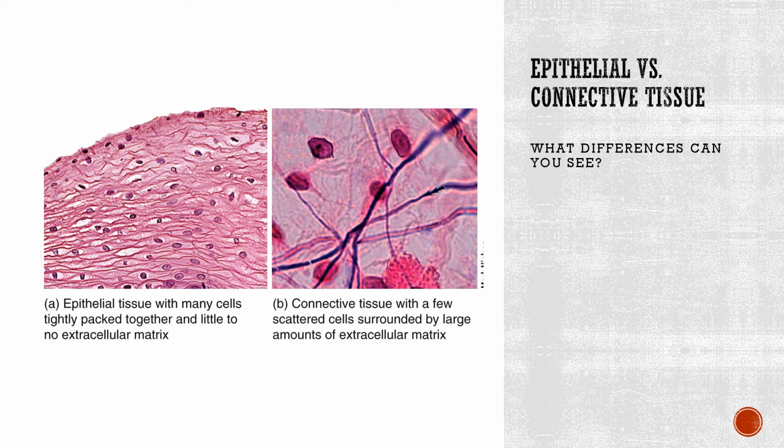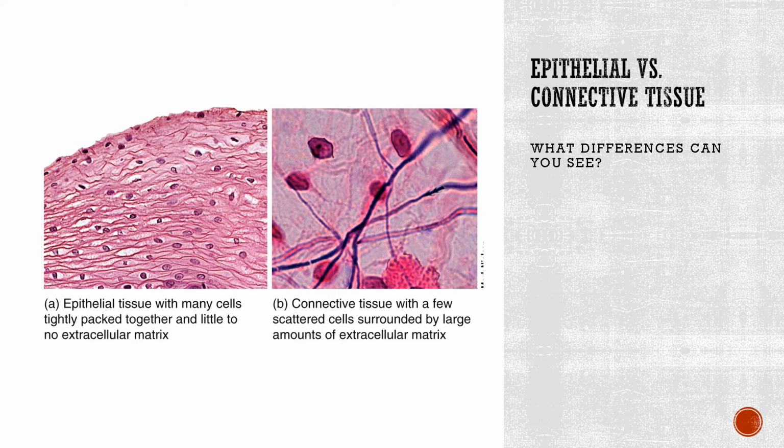So first off, we're going to be looking at the differences between epithelial versus connective tissue. So just look at these 2 here. The one on the left is epithelial tissue, and the one on the right is connective tissue. Now the first obvious difference that you can see here is the number of cells in relation to the extracellular matrix. So in the epithelial tissue on the left, there are many cells very tightly packed together with little to even no extracellular matrix.